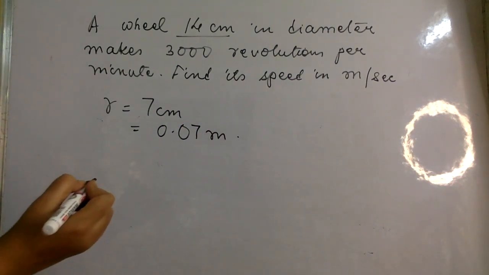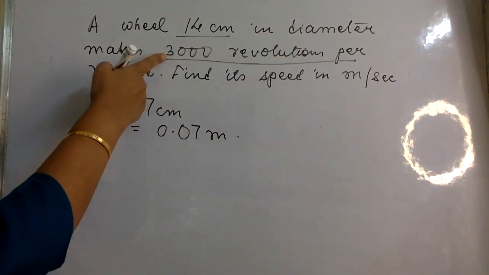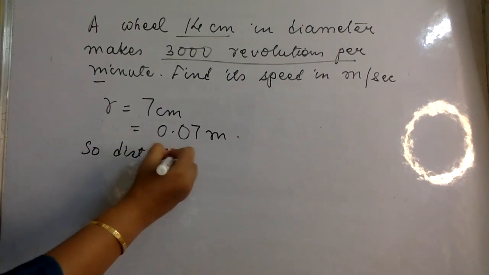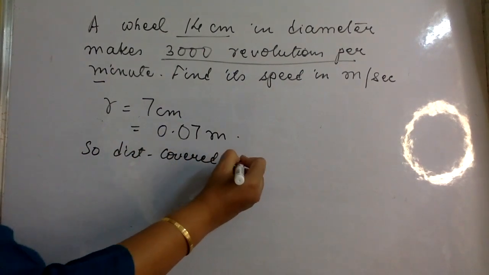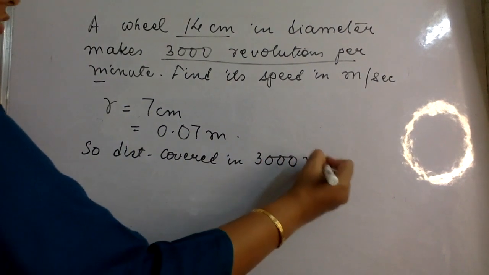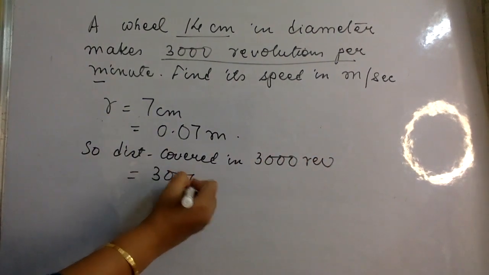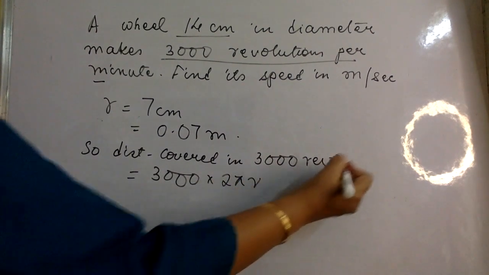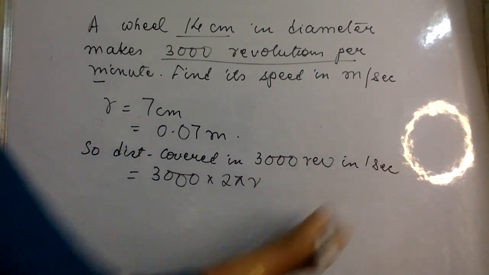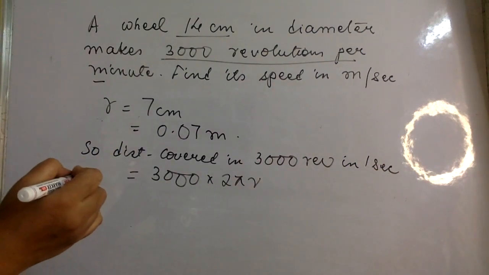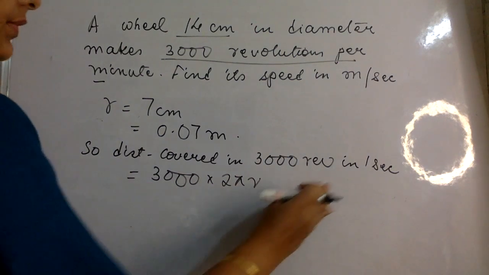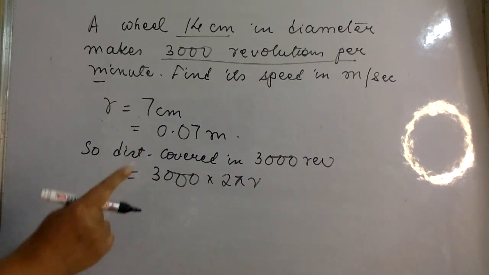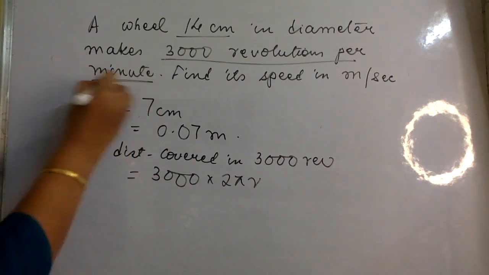Now in 1 minute it is doing 3000 revolutions. So distance covered in 3000 revolutions is 3000 into 2 pi r. Whatever distance we get, that much it covered in 1 minute, because they have told here 1 minute.